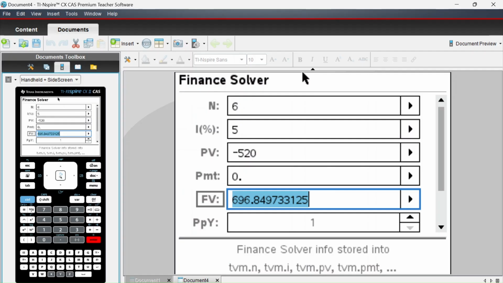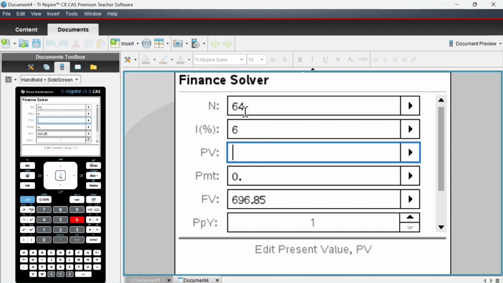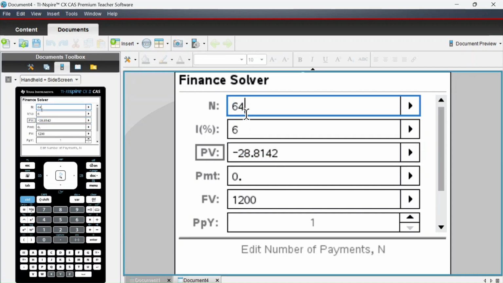So let's go back. Okay, so we're at 4 years at 6% inflation. I'll leave this present value blank. I'm going to tab down and make 1,200 here, and then continue to tab to the present value and push enter. So hold on, I've got the wrong number in there.